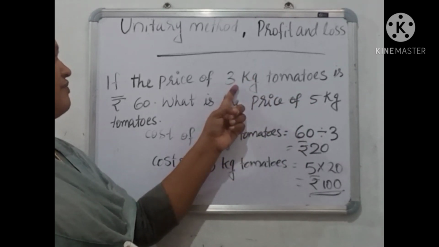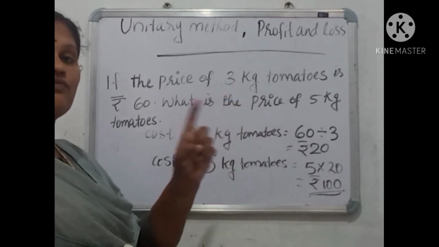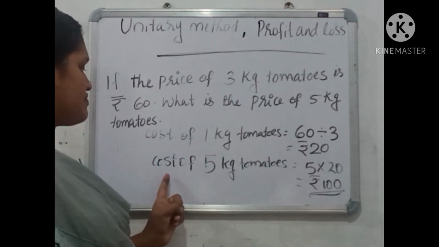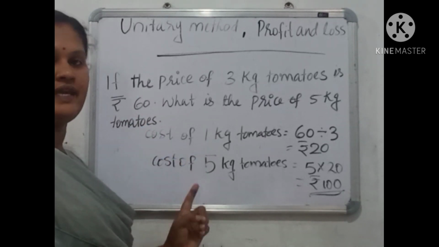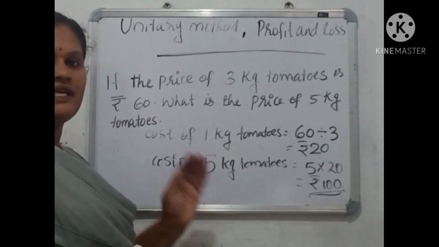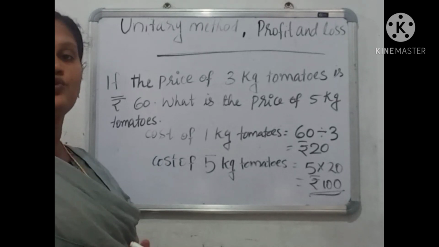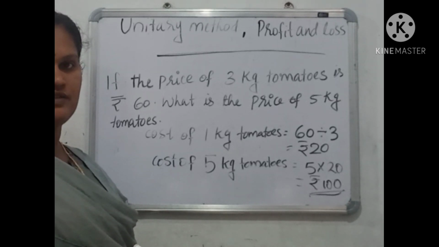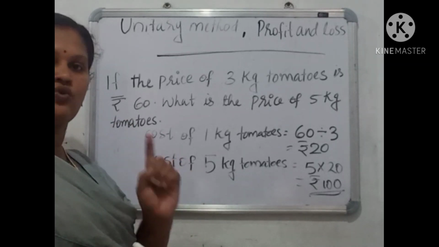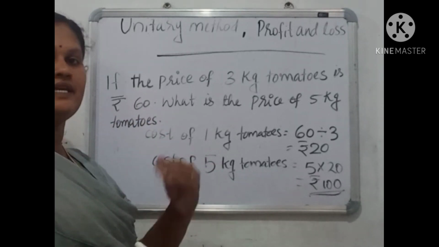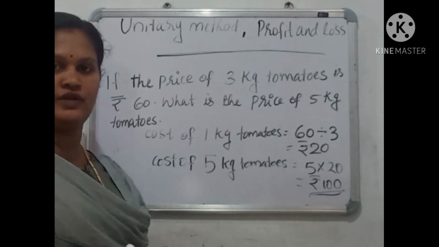From this we find the cost of 1 kilogram, hence find the cost of 5 kilogram. In the unitary method, first we have to find the cost of one unit and hence find the required units.